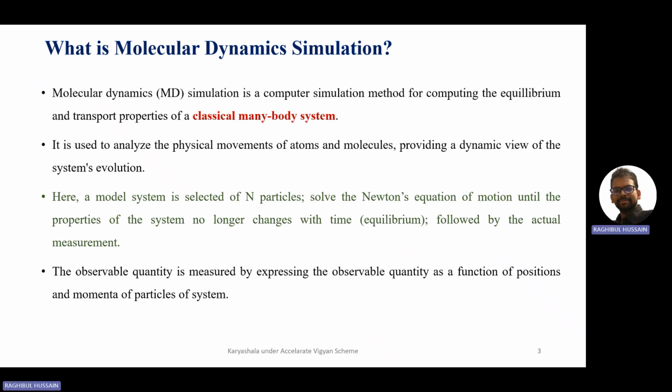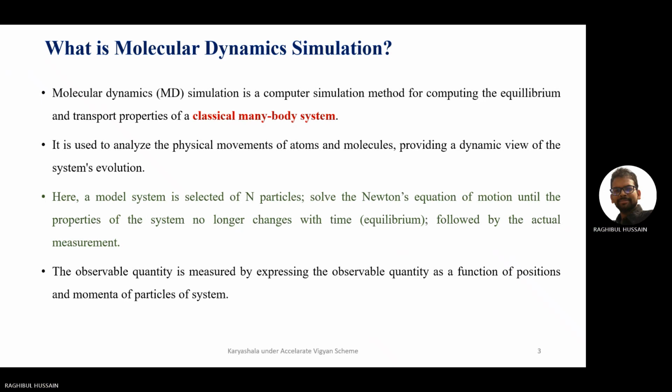Molecules are made of atoms, so it essentially also deals with the dynamics of atoms. The difference with MC is that in the Monte Carlo code, they do not take the atomic properties. We basically assume some beads, and based on that, we derive the potentials and then we do the calculation.